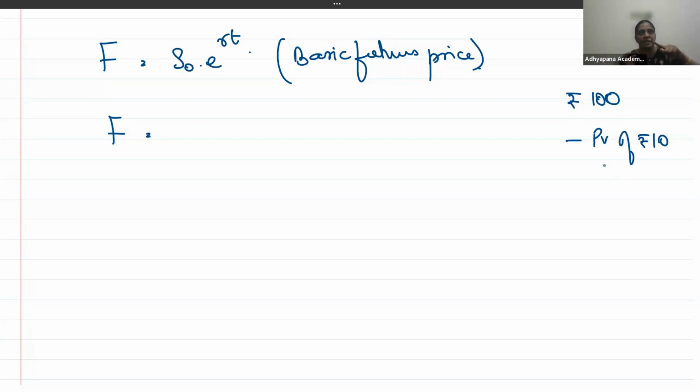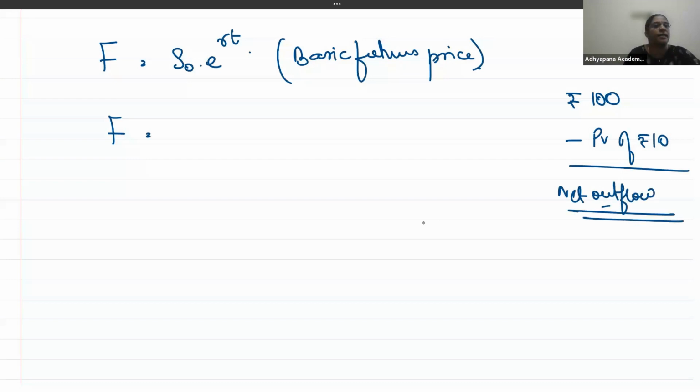But that 10 I am not receiving immediately, I am receiving after 2 months only, which means 100 minus the present value of 10 rupees will give you your net outflow, which is subject to growth at e raised to rT.